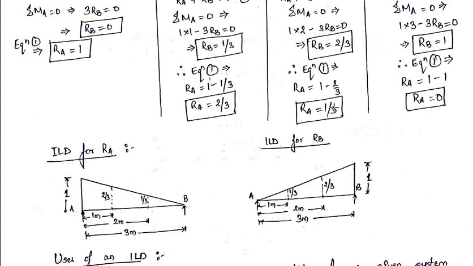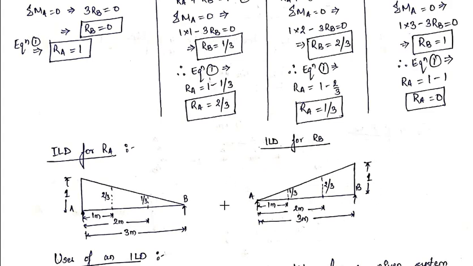And for the third case, when the unit load was at a distance of 2 meters from the A support, the value of Rb came out to be 2 by 3. Therefore, plot an ordinate of 2 by 3. And for the last case, the value of Rb came out to be 1. Therefore, at B, plot an ordinate as 1. Now join all these points by a straight line. So the diagram which we get is the ILD for Rb.